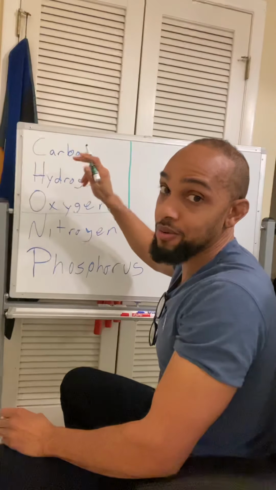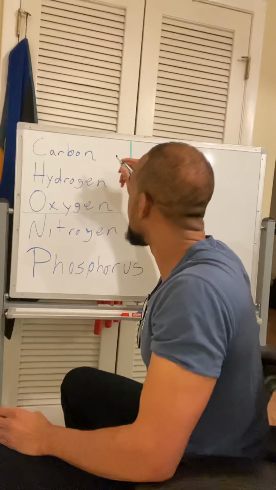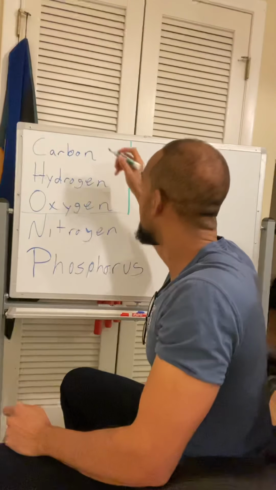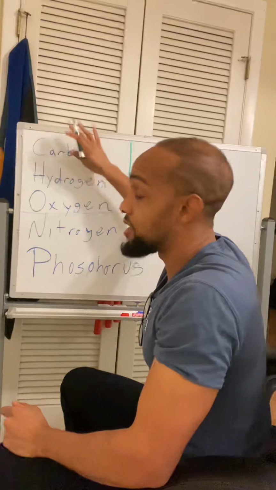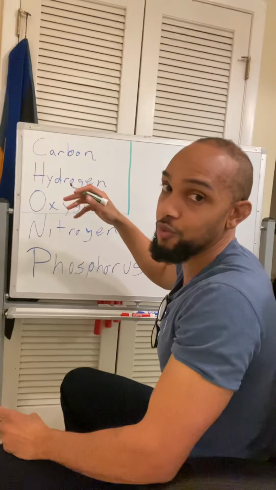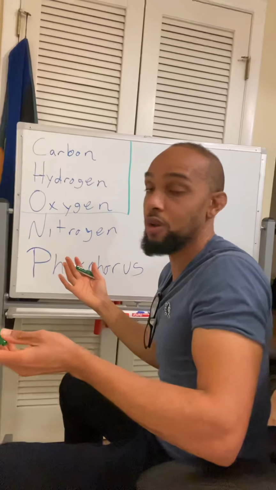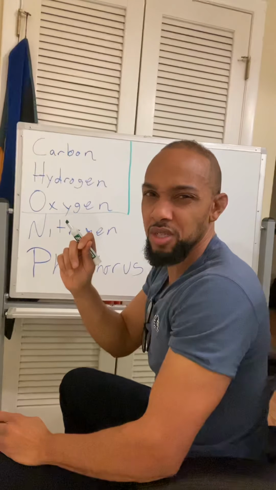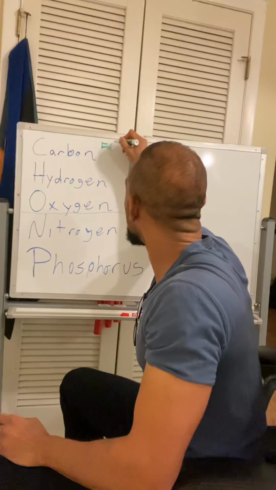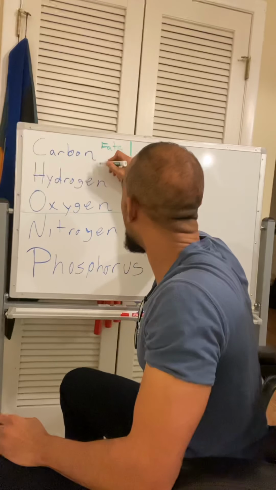These are very, very important, because not only are they the basis of our being, they're also important for certain substances that we utilize. And what substances are those? Fats and carbohydrates.